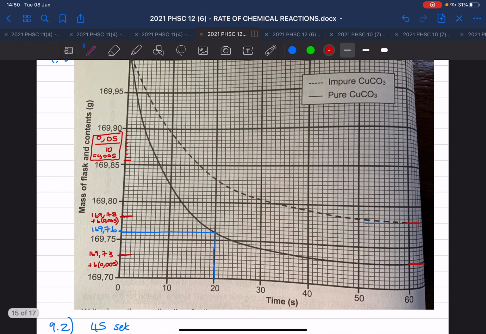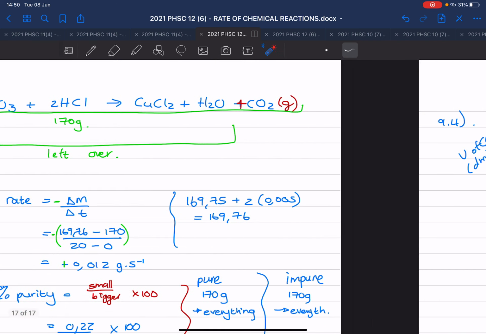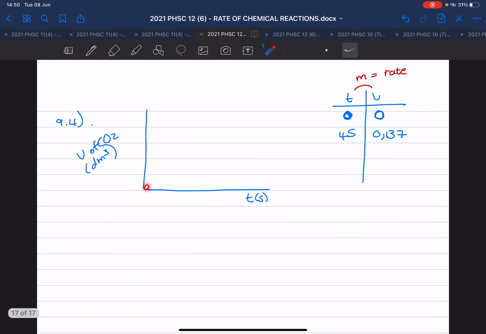It goes quickly and then it goes slower. Now we're not looking at the contents, we're looking at what is produced. So at the beginning we had nothing produced, and it happened quite fast, and then it went slower. There where it goes slower, the reaction is completed, so that is 45 seconds, and the volume we've just calculated is 0.137.